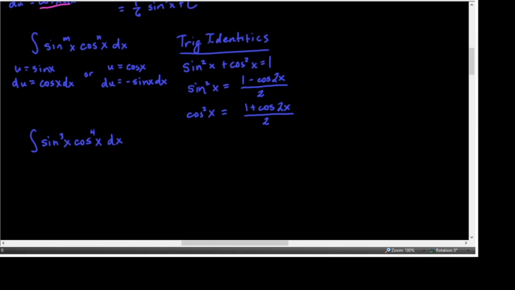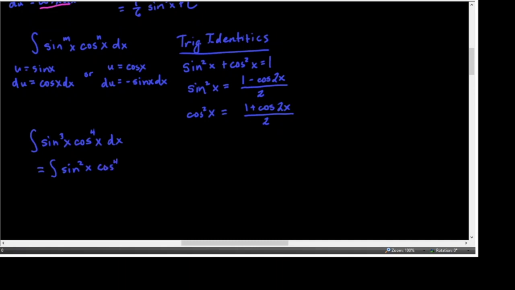So if that's kind of the driving force behind what we want to see out of this, it seems to me a logical thing to say that if you have an odd number of, let's say, sines, like this one where we have 3 sines multiplied together, and an even number of cosines, what we're going to want to do is to borrow one of those sines. So split sine cubed into sine squared times sine to the first.